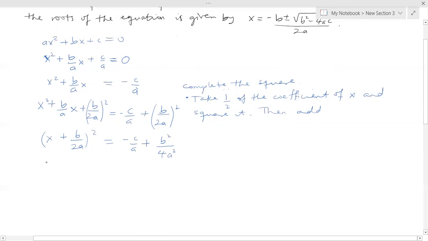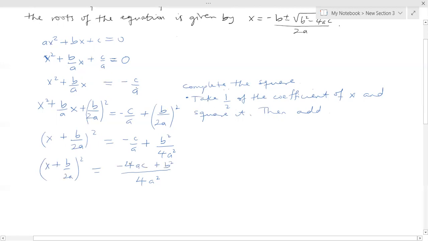Now for the right side of the equation, let's write that over a common denominator. So the common denominator on the right side will be 4a squared. All right. So that will leave us with negative 4ac plus b squared. Okay.